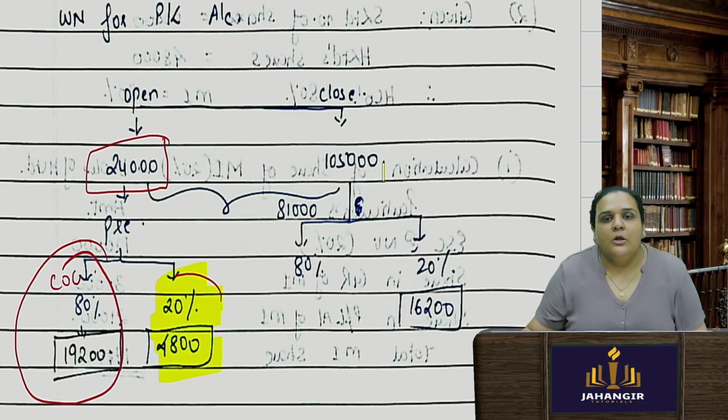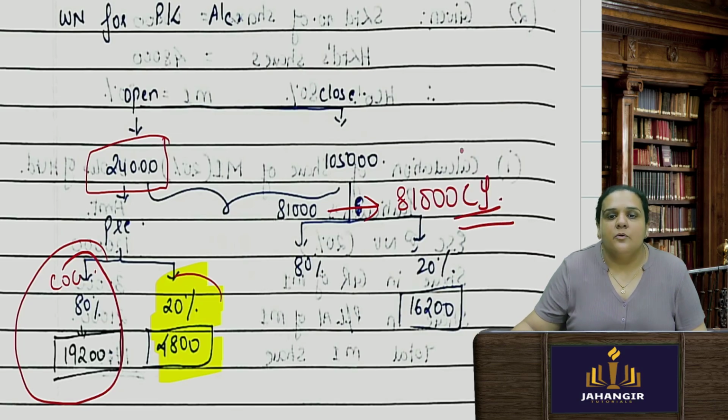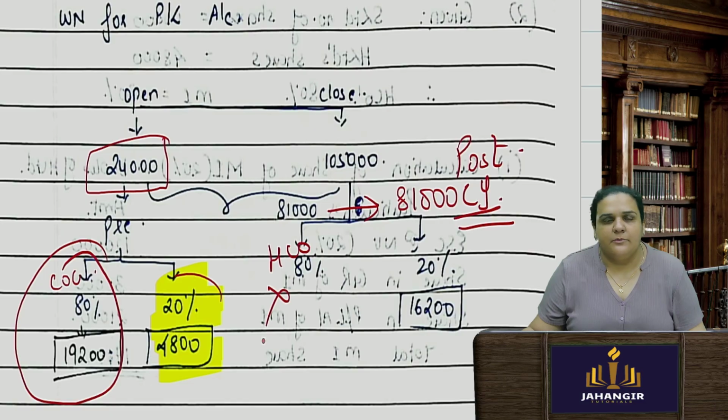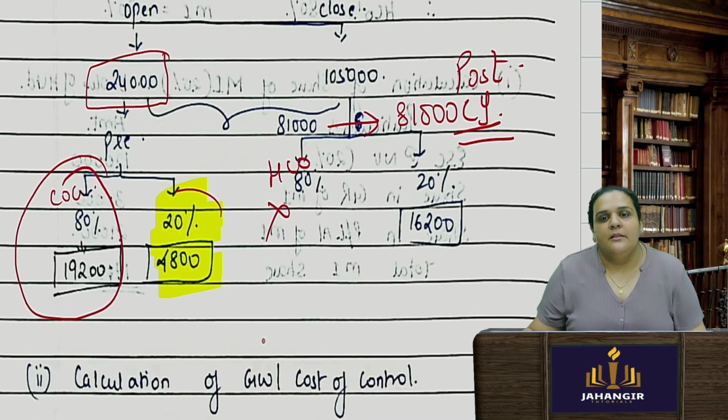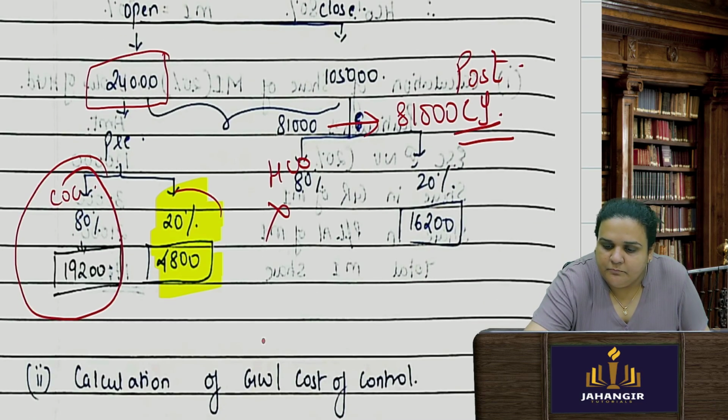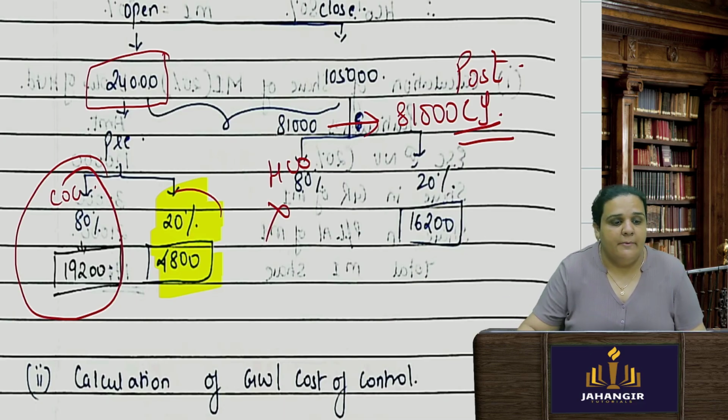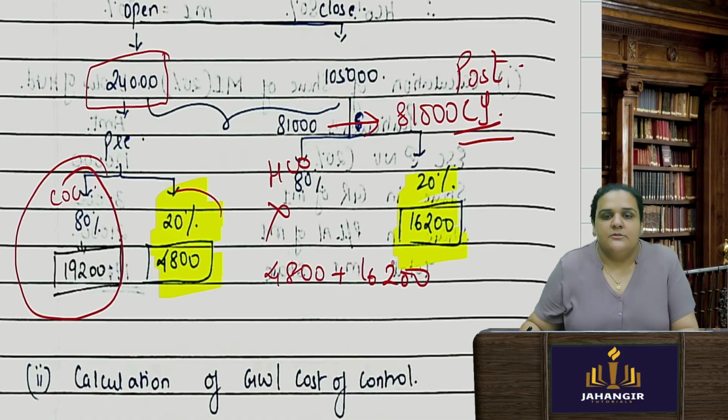Closing is 1,05,000, which means in the current year we earned a profit of 81,000. That is going to be post. For the holding company I will not do anything, because it will not go in cost of control. But yes, 81,000 into 20%, 16,200, will be my minority interest share. So the total will become 4,800 plus 16,200, which is 21,000.